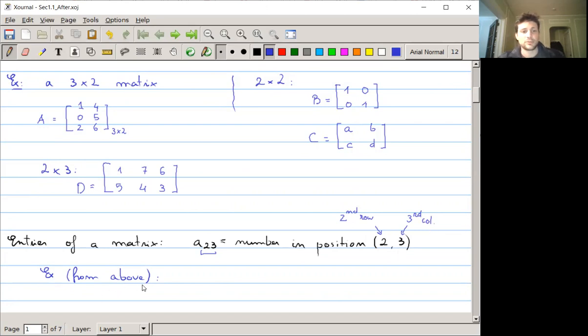Let's just do an example from above. If I look at my matrix D, and I want to look at the entry, for example, this entry here, that's going to be the entry 2, 2, because it's in the second row and the second column, and that's 4.